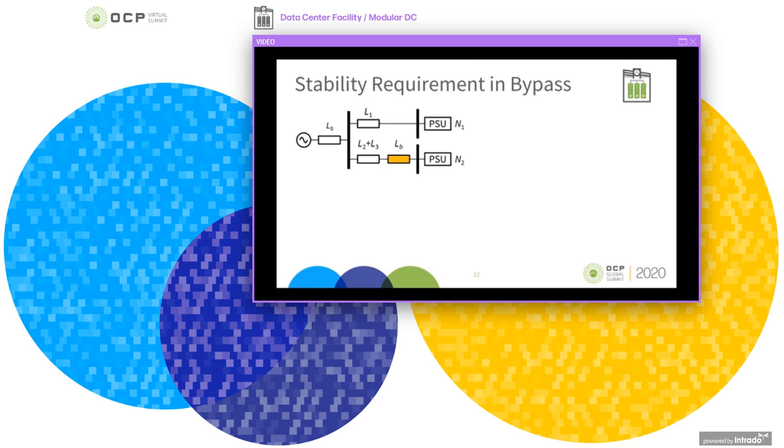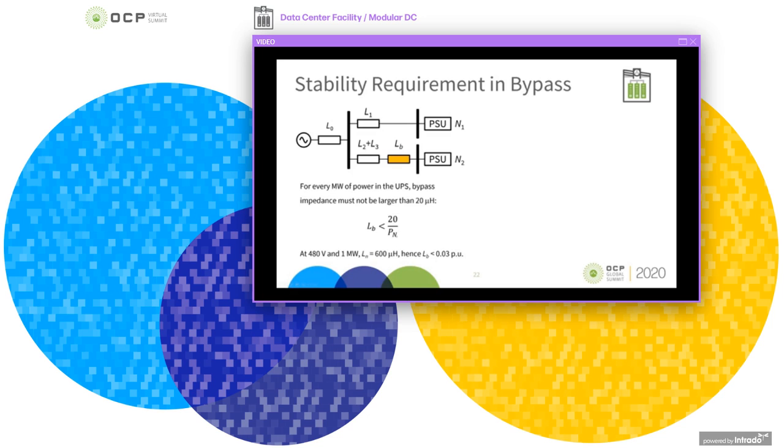Based on our analysis, we determined that 20 microhenries per megawatt of UPS power is an acceptable bypass impedance. In these equations, LB is the bypass impedance, and it should be less than 20 over Pn, where Pn is the nominal power of the UPS.